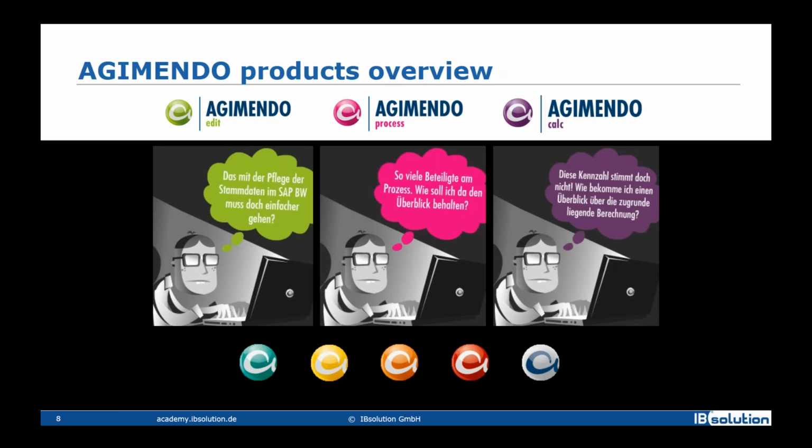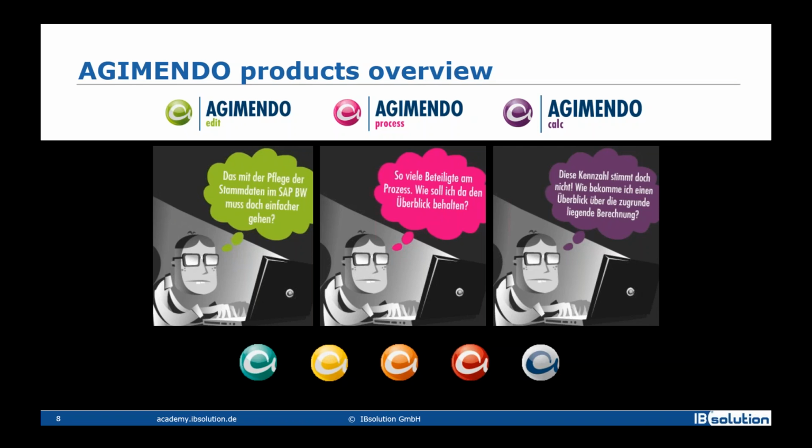We also have several products as well, like AGIMENDO Process, that allows you to design a process workflow and to control your processes for multiple users and synchronize them, or AGIMENDO Calc, that allows you to build calculation trees for your key figures.